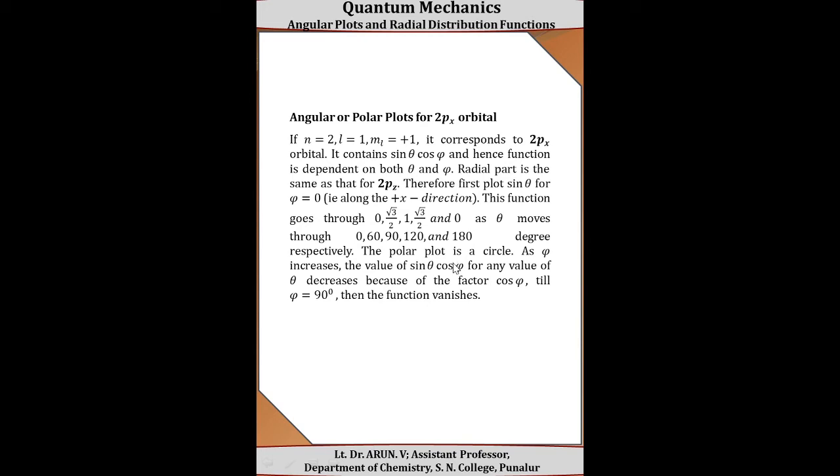Here also the polar plot is a circle. As phi increases, the value of sin theta cos phi for any value of theta decreases because of the factor cos phi, and this continues till 90 degree, and then the function vanishes.